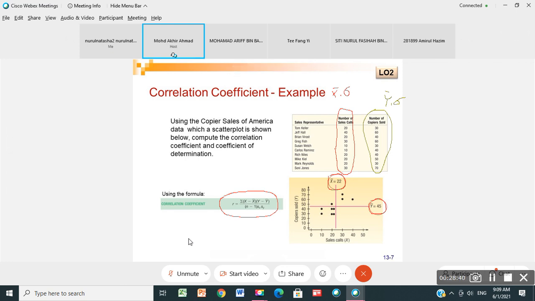So we move to group data of Y. Muhammad Arif dah dapat?